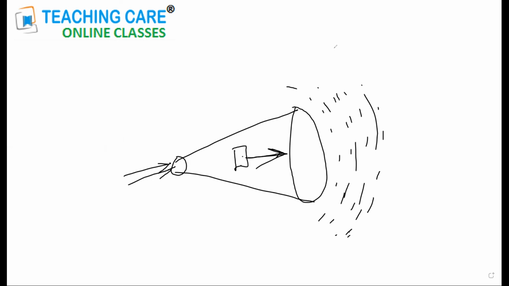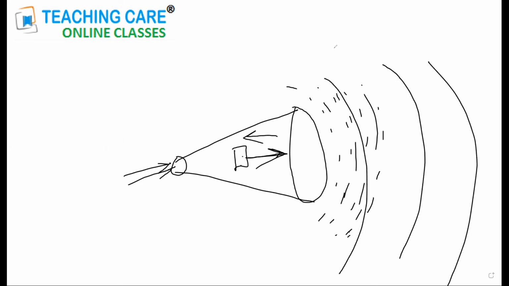On the vice versa, when the cone comes in, the air is rarefied. Rarefied means it will be like this. The rarefaction is happening. That means the air becomes thinner. And this is how the wave progresses.